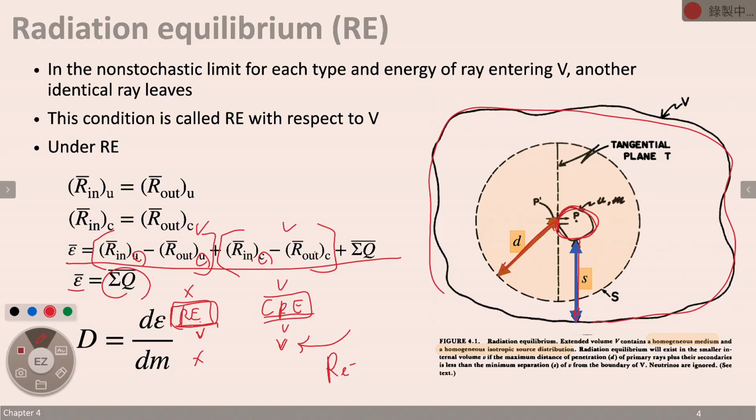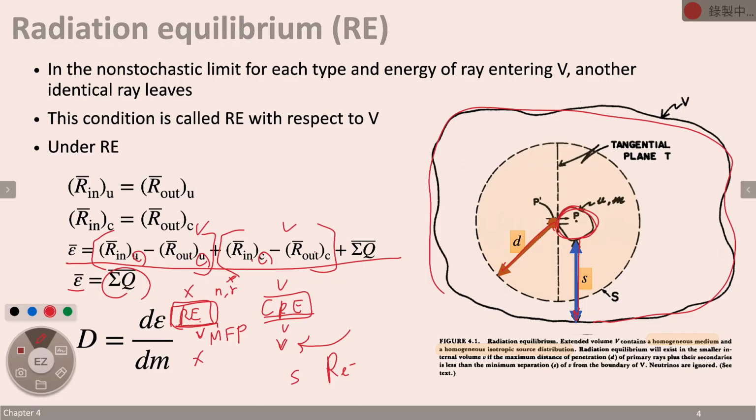So it talks about these things. And for the radiation, we focus on neutron and photon, or X-ray photon. So we talk about the mean free path. Okay, so for charge equilibrium, you should check the separation is greater than this one.